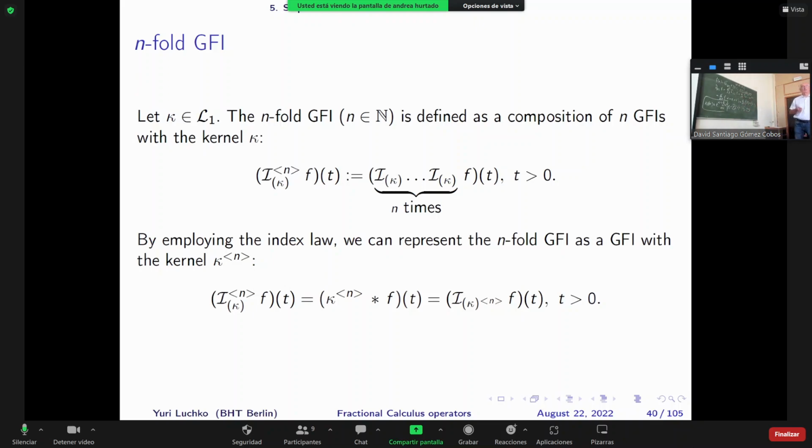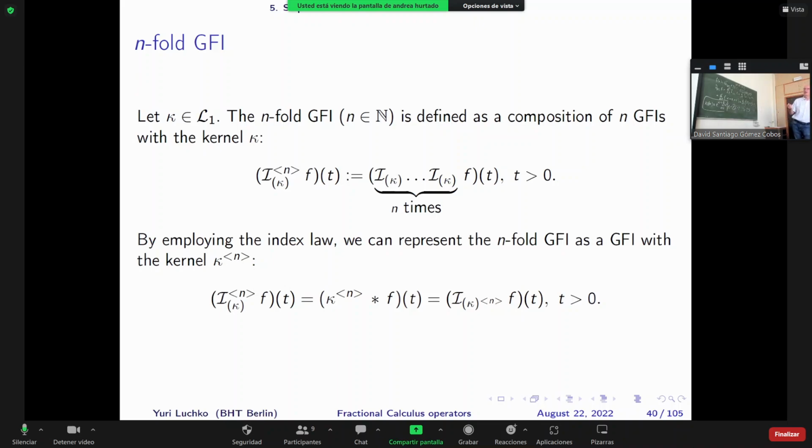And we apply them, for example, to the derivation of a new version of the Taylor formula, or a formula of the Taylor type.